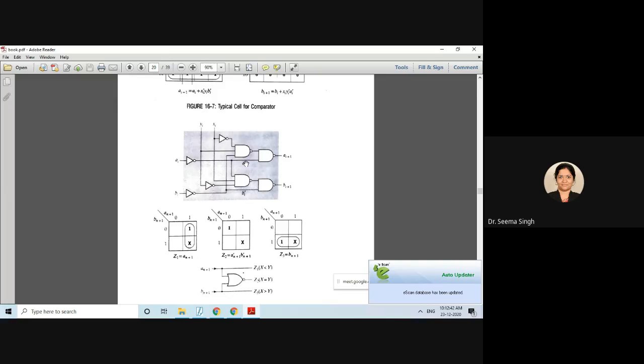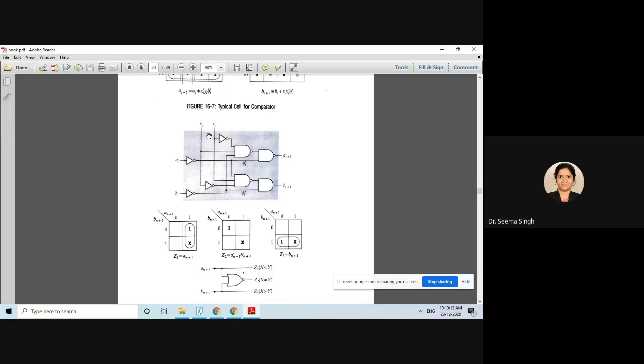What is making your Ai+1? It is Ai dash and Bi dash plus Ai dash, and here you have your Xi, Yi and Bi dash.